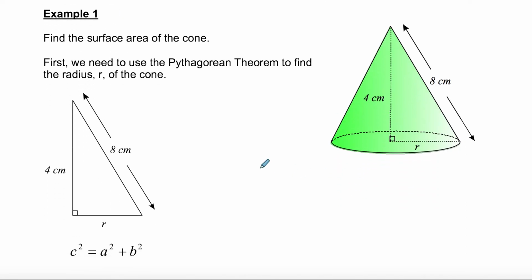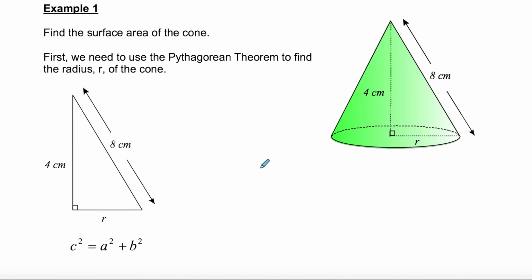So it might happen that you would have to use the Pythagorean theorem. There's a lot of cases, whether it's a square-based pyramid or something like that, where the Pythagorean theorem might be very useful in order to find one of the missing dimensions.